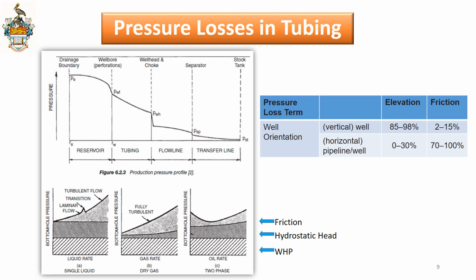And coming back to A, the single liquid, you would see that the pressure loss attributed to the hydrostatic head is fairly significant, and that's because of the sheer density of the fluid, and the hydrostatic head is given by H rho g, rho being the density of the fluid, and the H is the height.